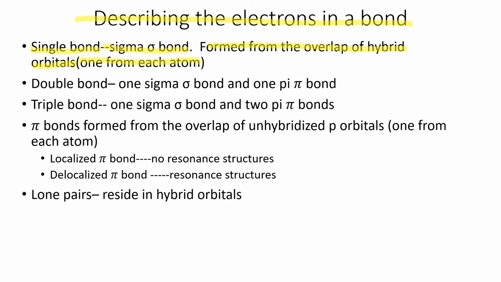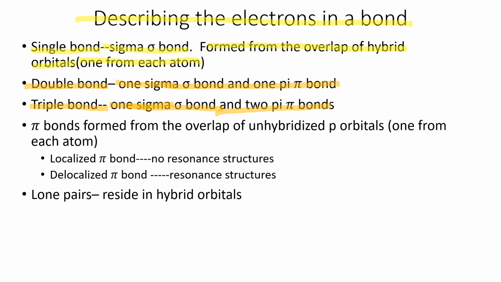Whenever you have a double bond or a triple bond, one of the bonds is going to be sigma and the other ones are going to be pi bonds. In a double bond, you have one sigma bond and one pi bond. In a triple bond, you have one sigma bond and two pi bonds. The reason is that in a double bond you're sharing 4 electrons, and in a triple bond, 6 electrons.